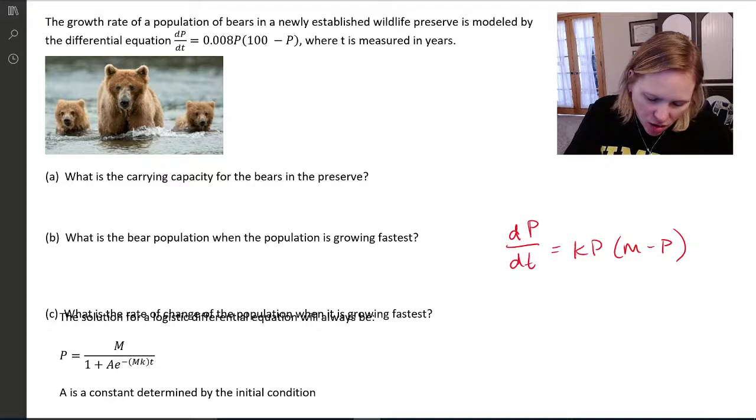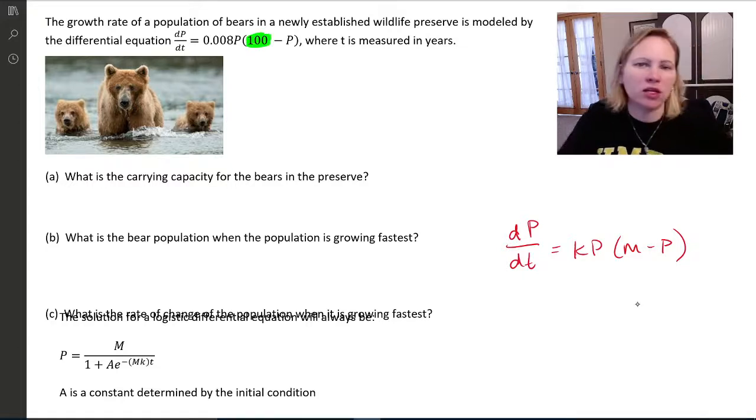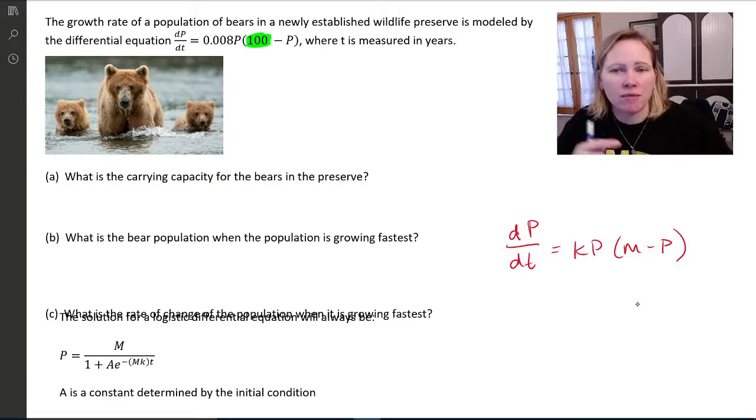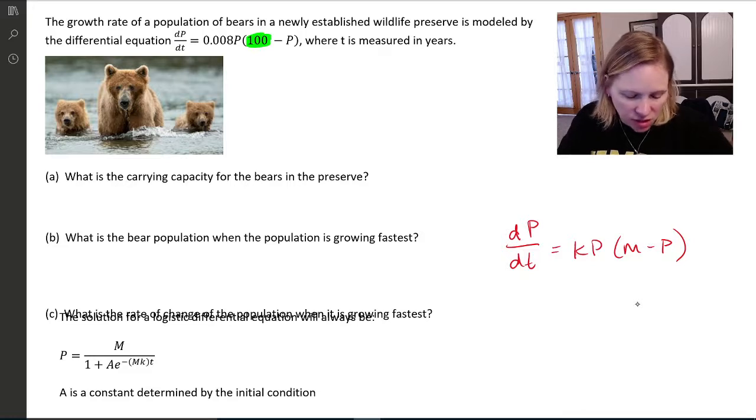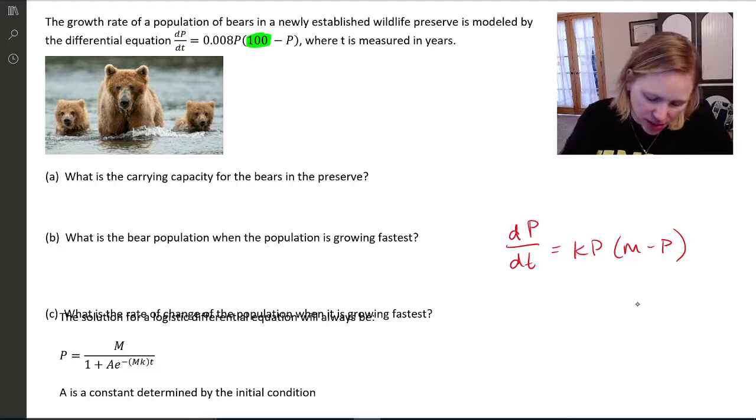M is always going to be whatever is subtracting P. So I have to make sure, number one, that it meets the criteria, that it looks like my problem. So it does, boom, 100. That's my carrying capacity. So nice and easy, 100.